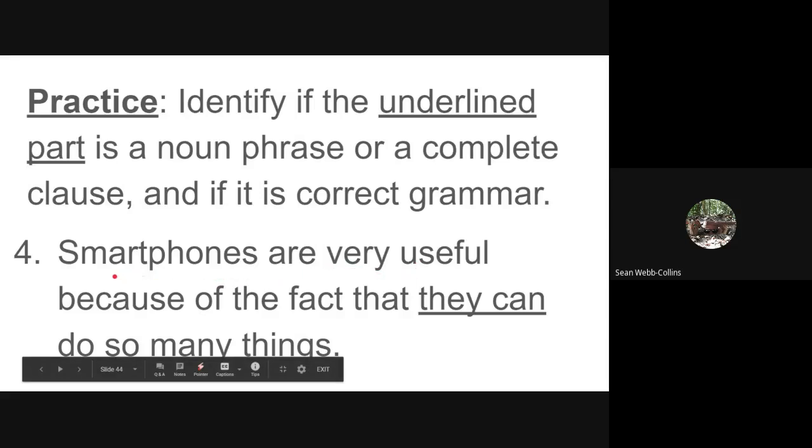For the practice for number 4: smartphones are very useful because of the fact that they can do so many things. Pause the video now to identify if the underlined part is a noun phrase or a complete clause, and if it is correct grammar.